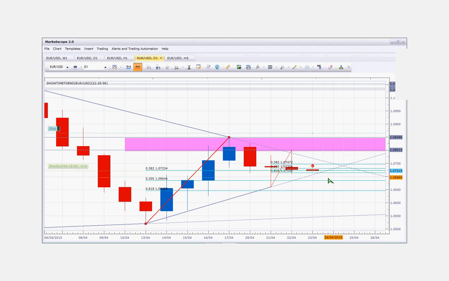Yep, this would be the profit areas, T1 and T2.